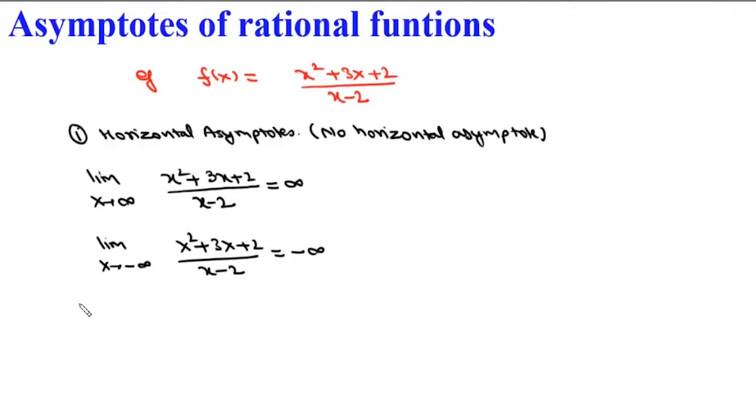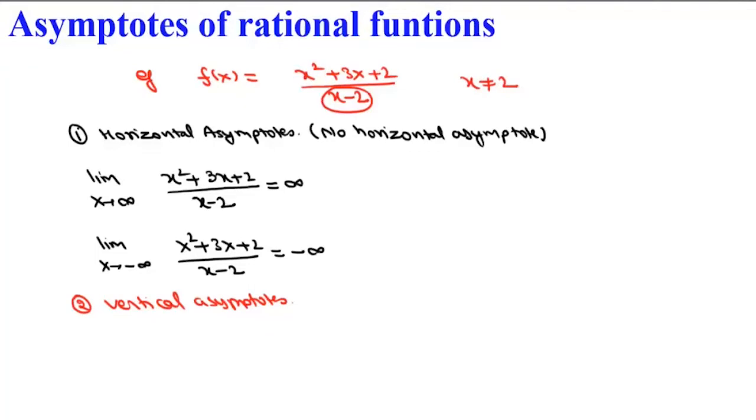Now we look at its vertical asymptotes. For this function, we have x minus 2 in the denominator, which simply means that when x is equal to 2, this function is not defined.